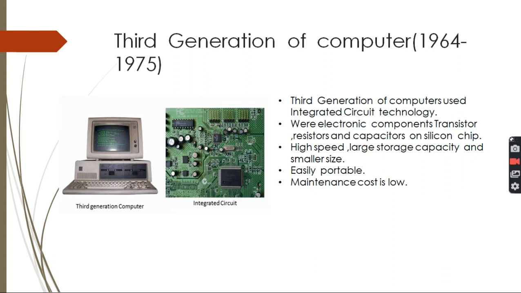In the third generation of computer we use integrated circuit technology, where electronic components like transistors, resistors and capacitors are kept on a silicon chip. It has higher speed, large storage capacity, smaller size and is easily portable. Maintenance cost is low. Here we use ICs. It is more reliable as compared to the previous two generations, with smaller size and less heat generation.